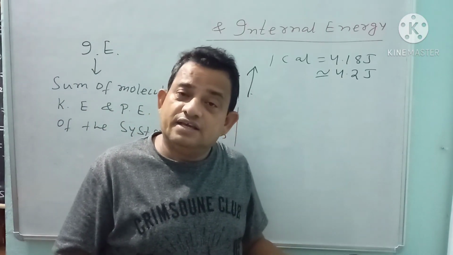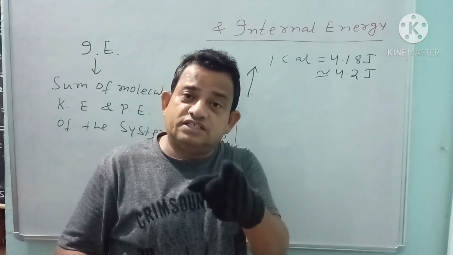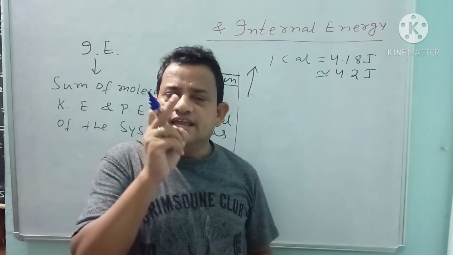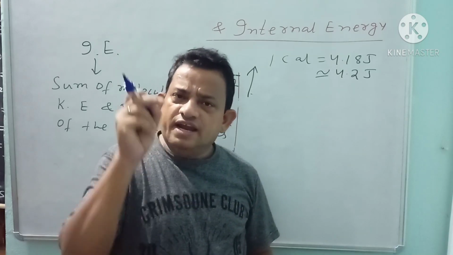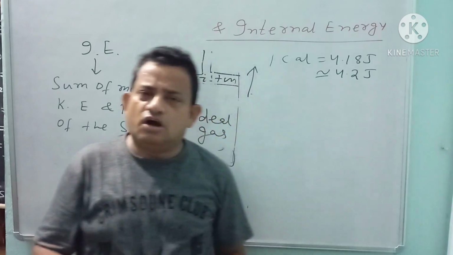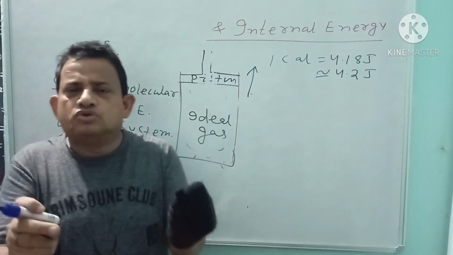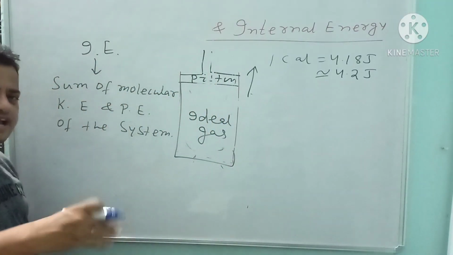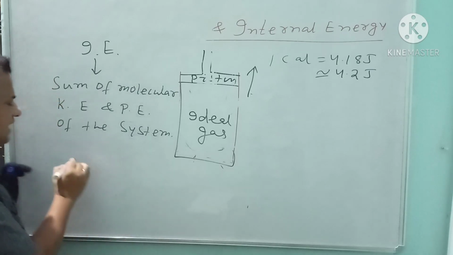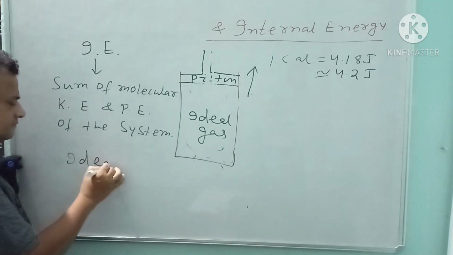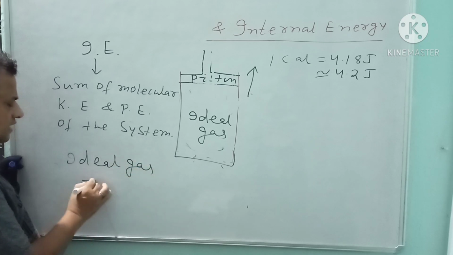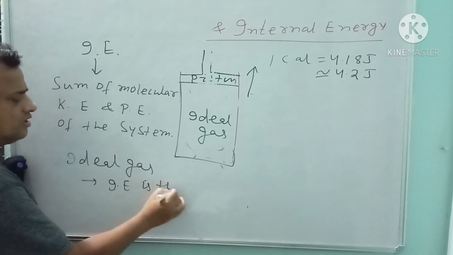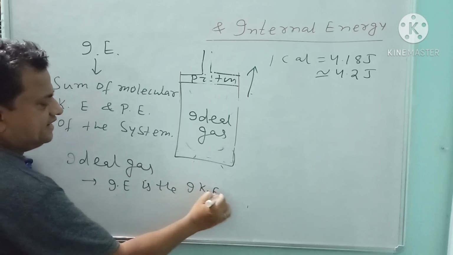So the internal energy is only kinetic, not potential, because internal potential energy is zero due to the absence of intermolecular force among molecules. So we can conclude for an ideal gas, your internal energy is the internal kinetic energy.